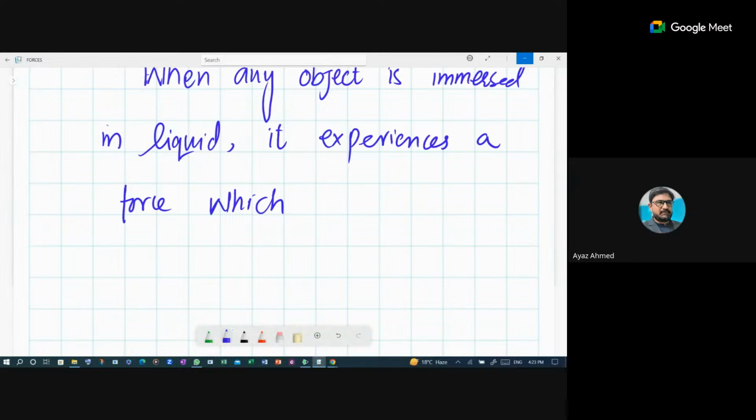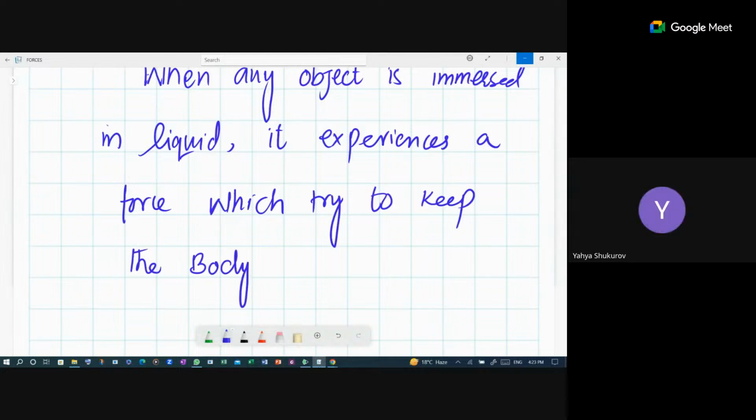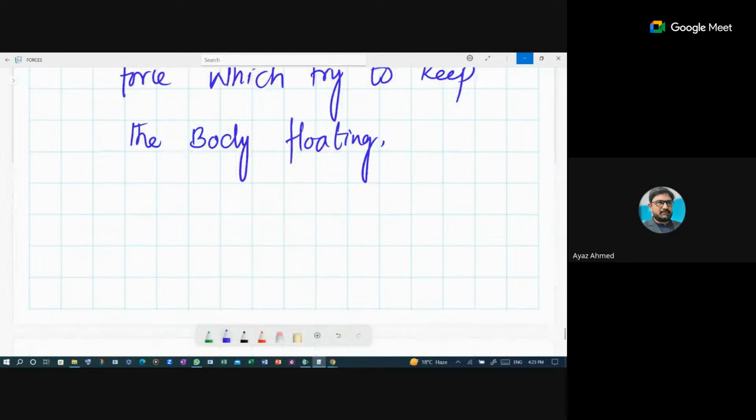It does not succeed all the times, but it tries to keep the body floating. Now, what is the origin of this force? It is due to the density of liquid.